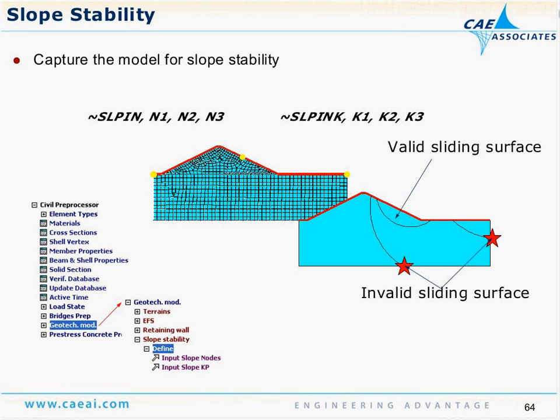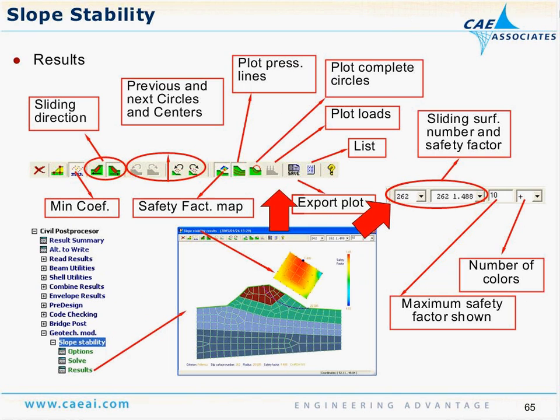And once the solution is completed, from the post-processing perspective, we can look at the results in a graphical wizard type format. So the slope stability calculation gives us a safety factor map as well as a max safety factor. For the slope stability calculation, we can change the various different criterions and compare and contrast using the slope stability evaluation technique.